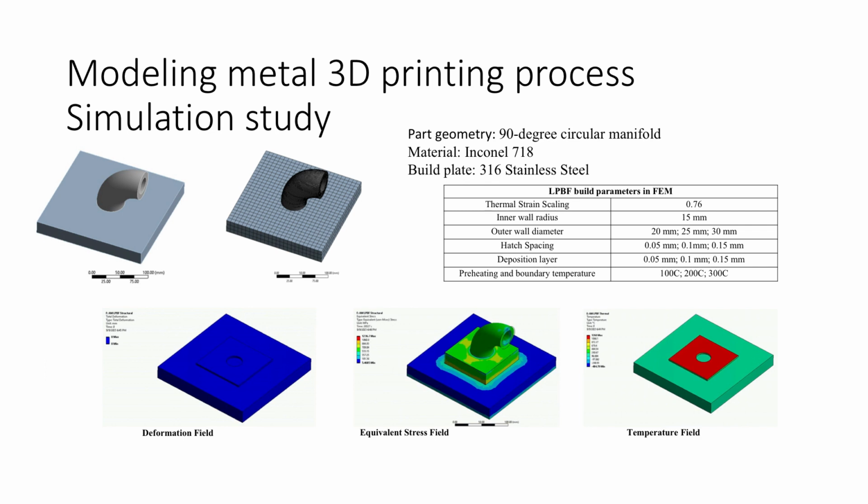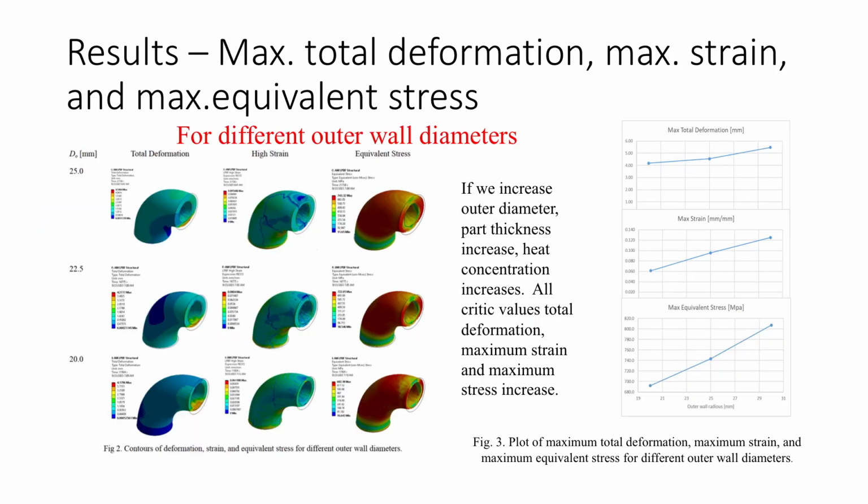These are the simulated models. These are animated. You cannot see them here because this is from the PDF. So in this study, we looked at the maximum total deformation, maximum strain, and maximum equivalent stress.